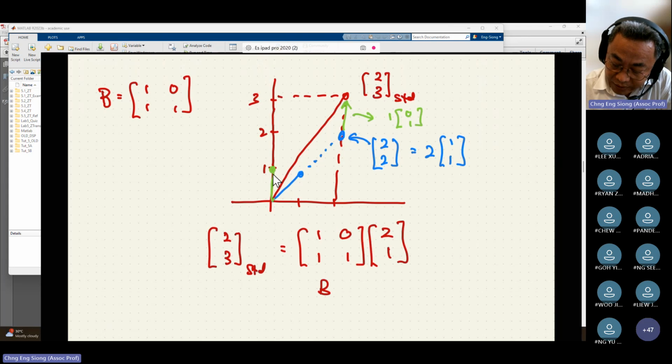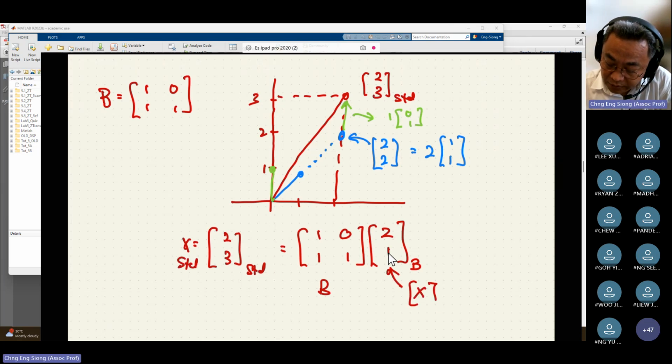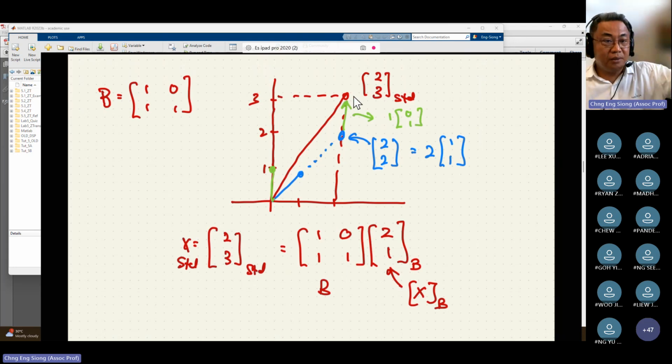So this guy, the x vector, this is the x vector in the standard basis. This is the x vector in the B basis. I'm using this to weight the basis vectors to reach the same point in the standard basis. So this is the change of coordinate.